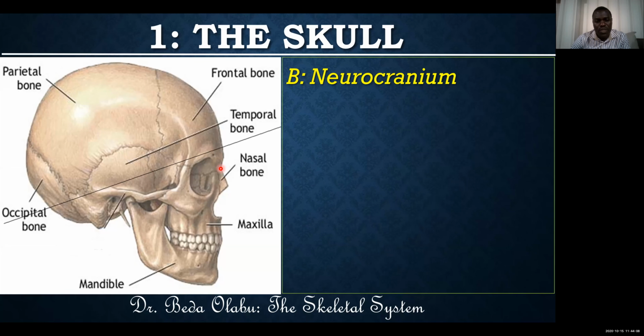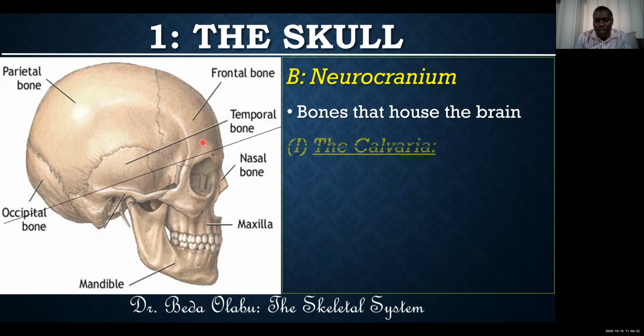There are those bones which are on top of this line I've drawn there. So they form the top of the neurocranium. The bones that form the top of the neurocranium are known as the calvaria. The calvaria refers to the top of the neurocranium.